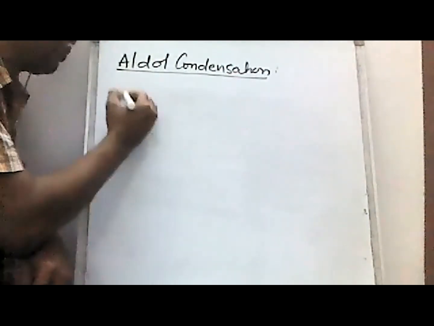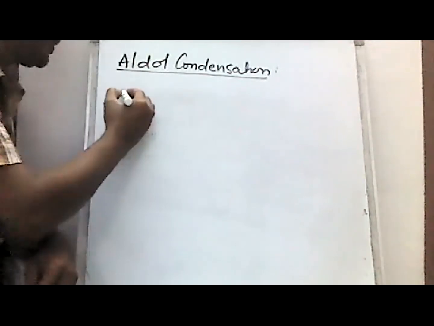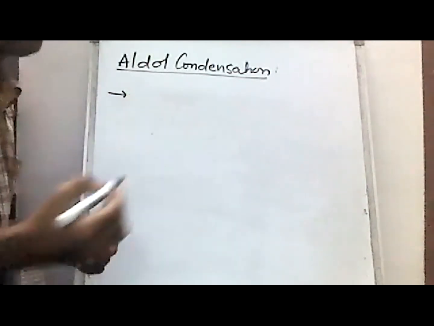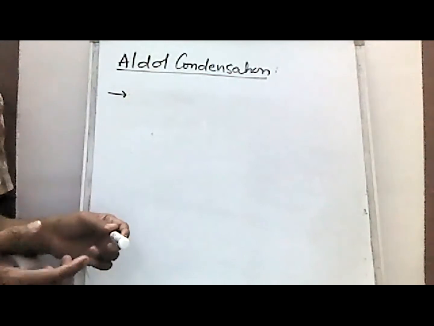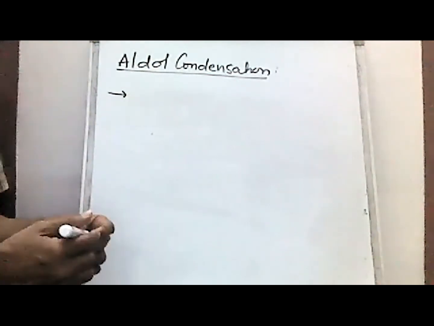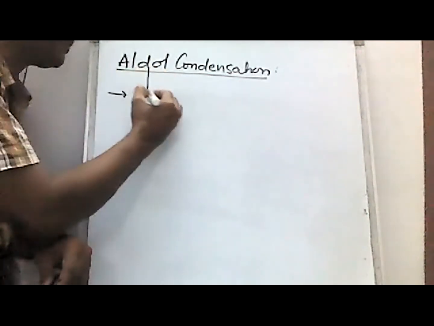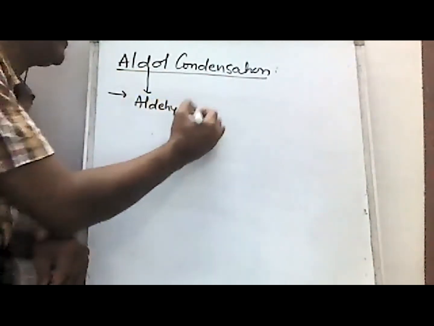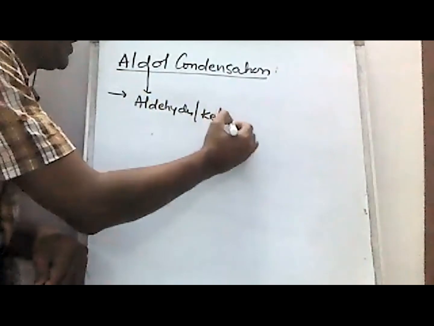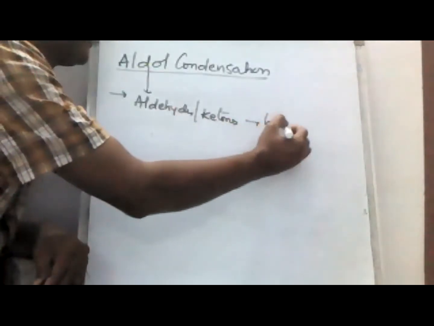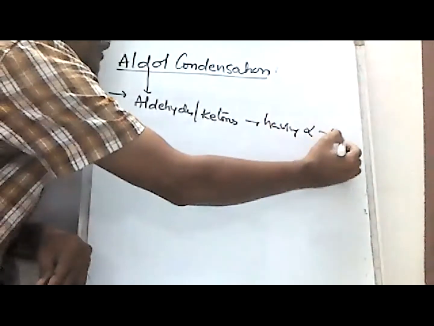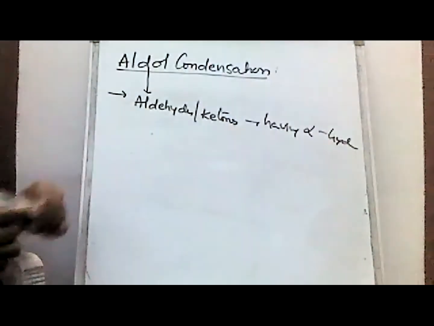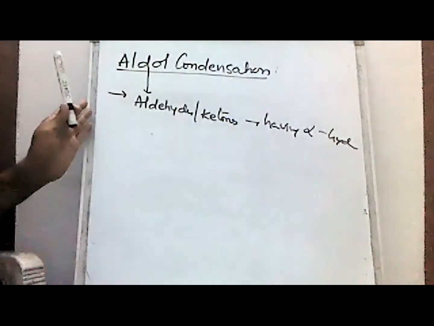From an objective point of view, the question may ask like this: they may give four aldehydes or ketones. Which aldehydes will participate in aldol condensation? Aldehydes or ketones having alpha hydrogen participate in this aldol condensation reaction.